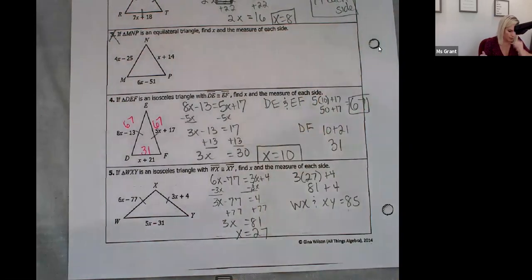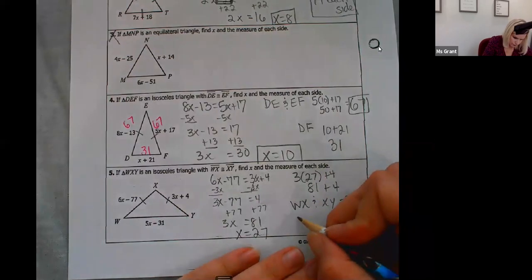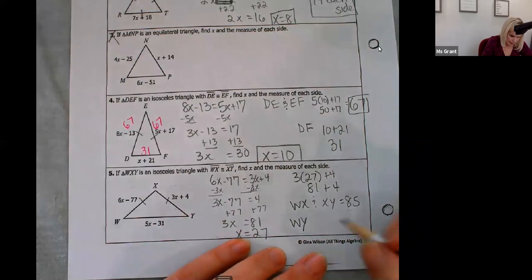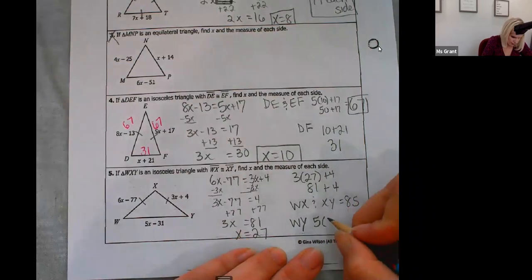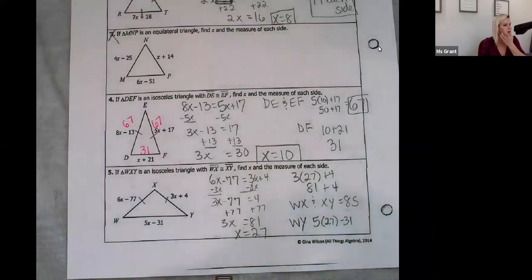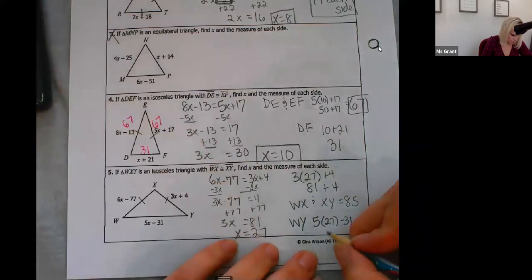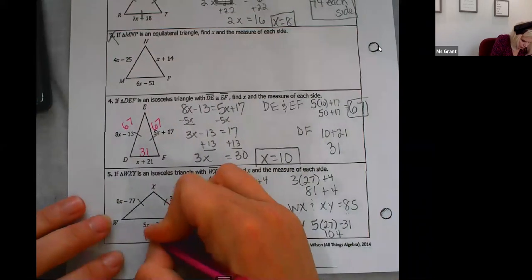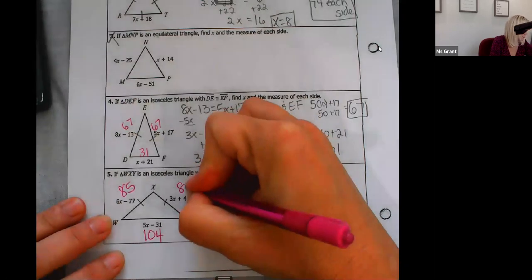But this 5x minus 31, WY, 5 times 27 minus 31, right? 104. So this is 104, and these are both 85. Okay.